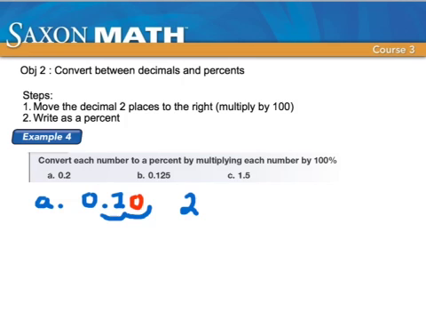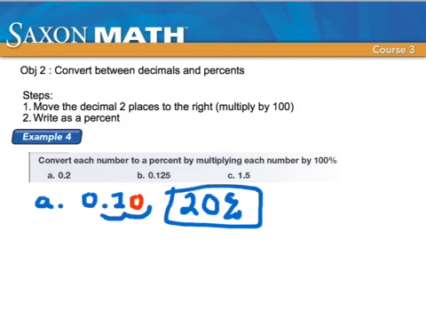So instead of just 2, it's 20. Now I have to write that as a percent, so I throw a percent sign on the end of it. 20%. So 2/10, move the decimal to the right twice, we get 20%.